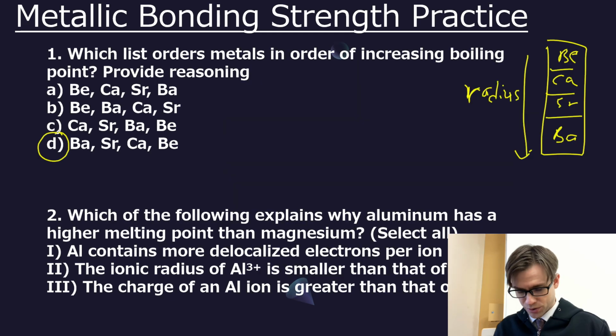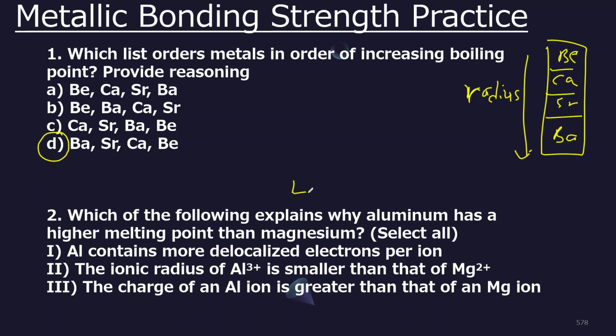Okay, then number 2, which of the following explains why aluminum has a higher melting point than magnesium? So again, I think this is period 3. We're going to have magnesium somewhere on the left side here, and then aluminum much further to the right.